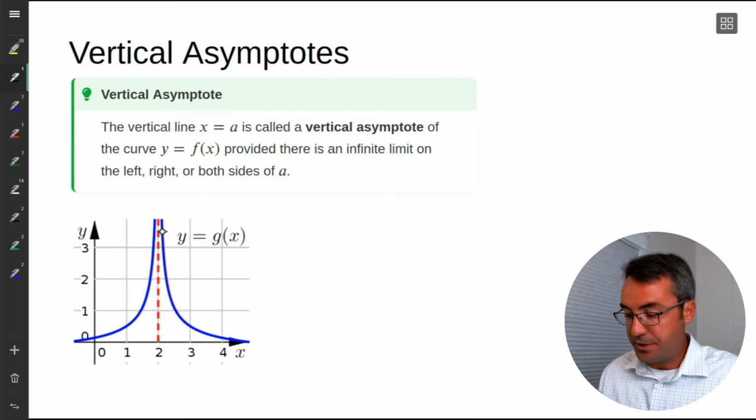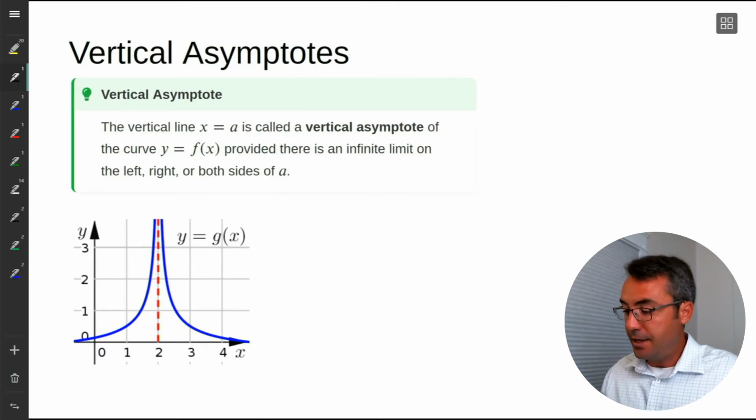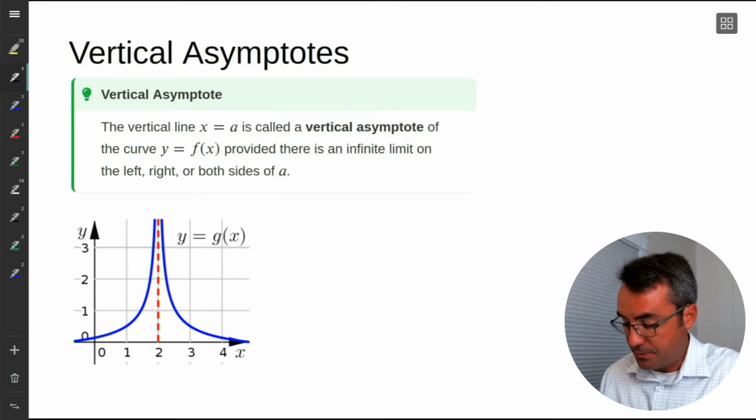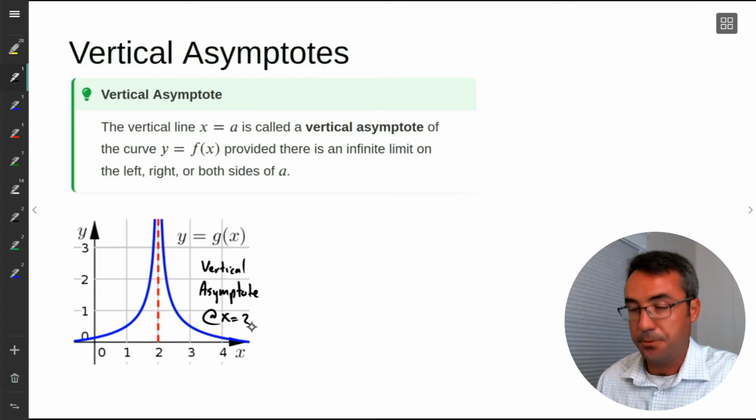So here we have this function g of x that we saw before, this graph here. And what we saw is that there's an infinite limit on both sides of this graph. So what we're seeing here is there's a vertical asymptote at x equals 2.